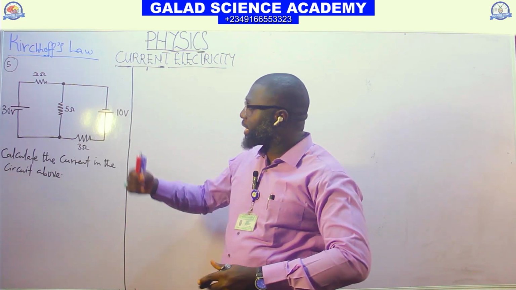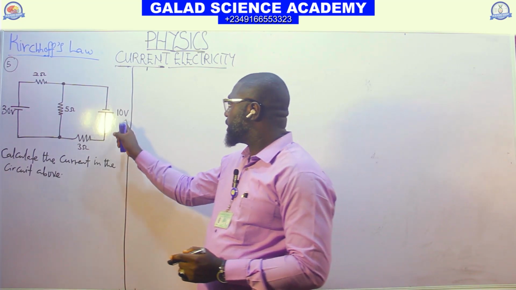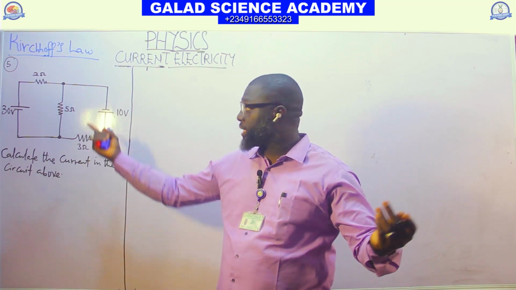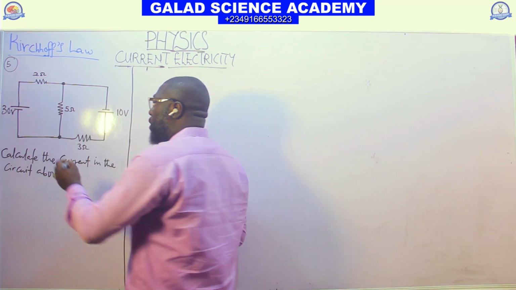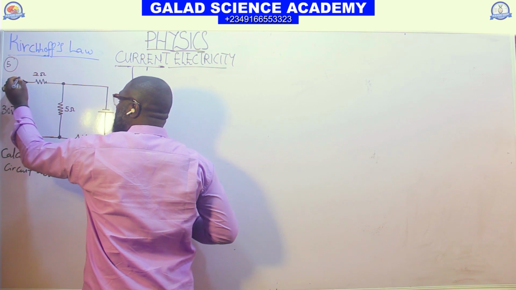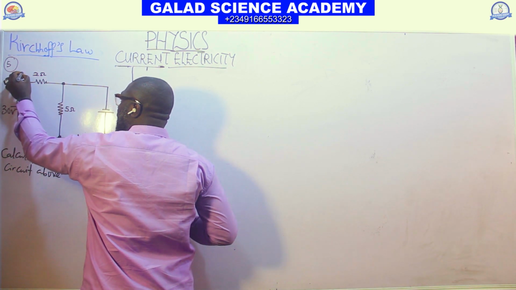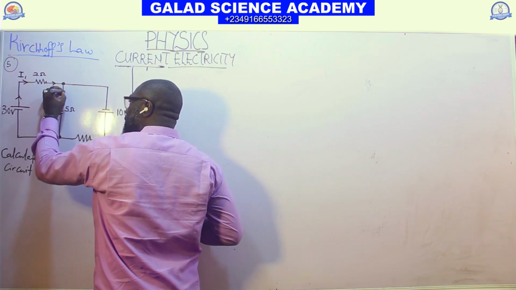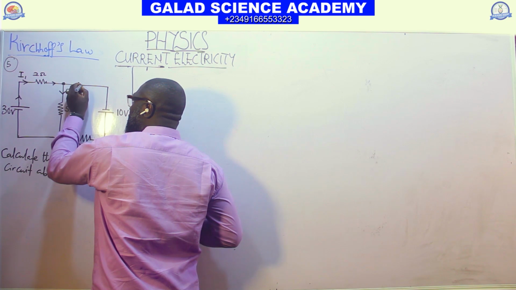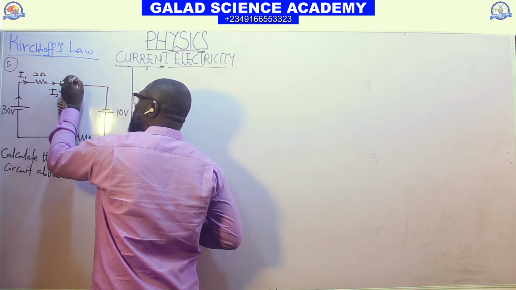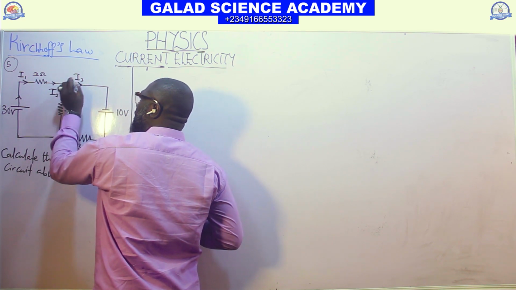Let us look at our direction of the current. This is 10 volts, this is 30 volts. Which one is bigger? It's 30. So the direction of our current in the circuit starts from there and comes like this. This will be the current I1. Getting to this side, this current I1 splits into 2 like this. You can call this one I2 and this one I3.